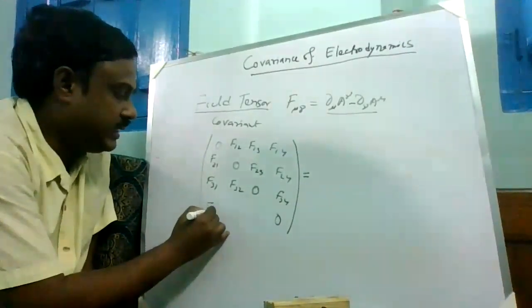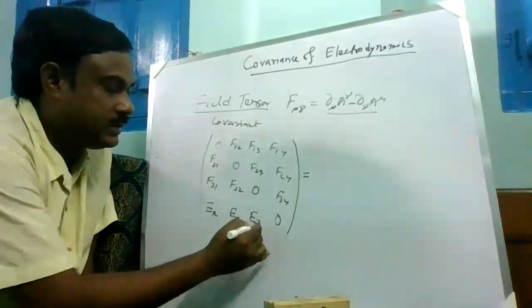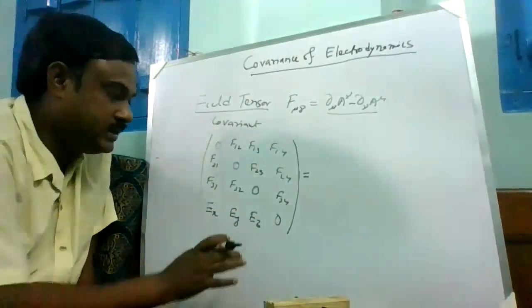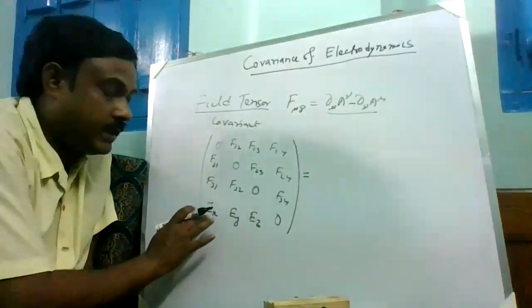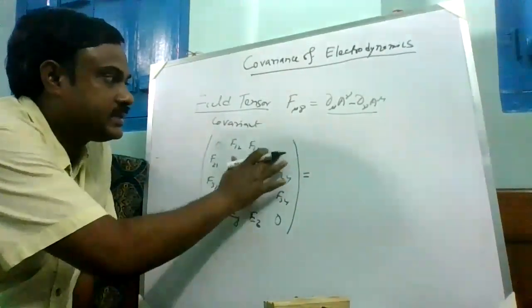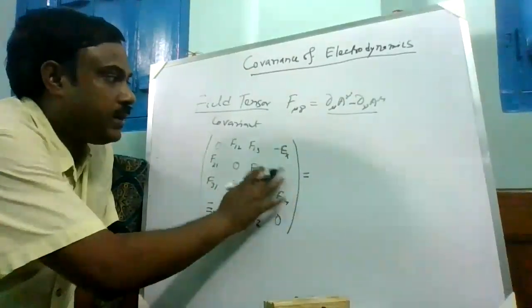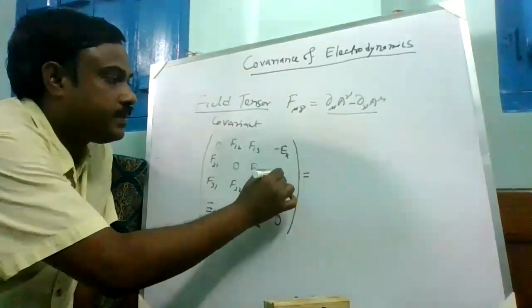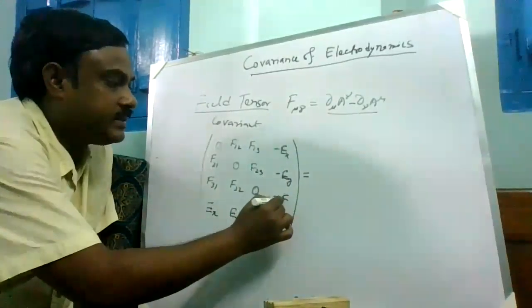And we know that this is an antisymmetric tensor, so the other terms will be minus Ex, minus Ey, minus Ez.